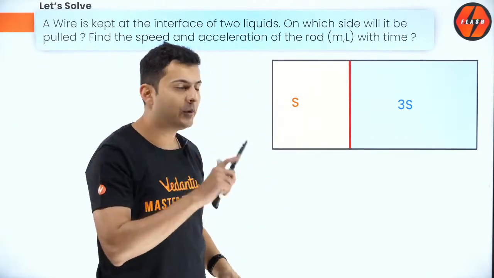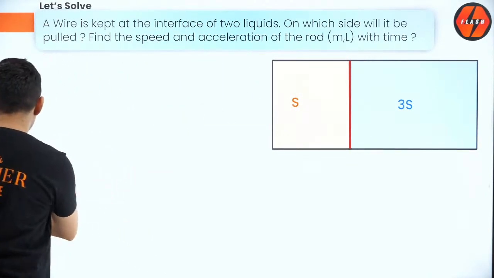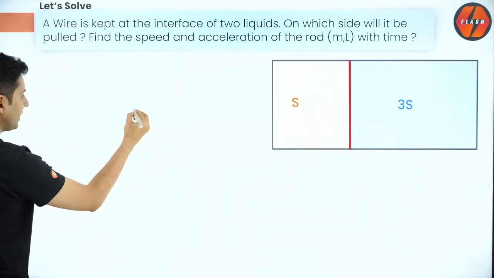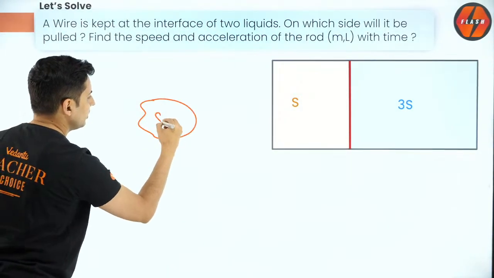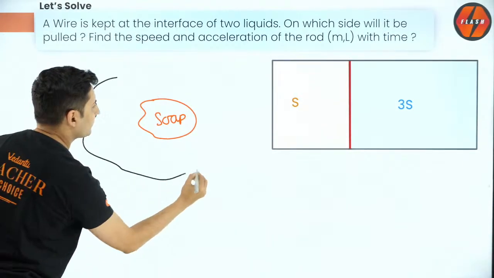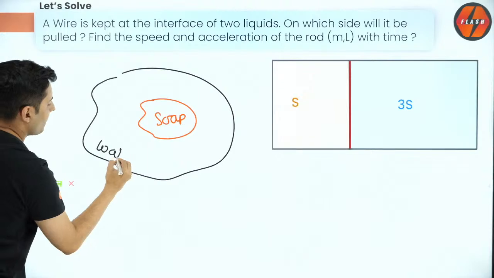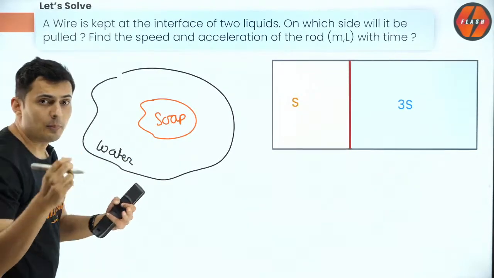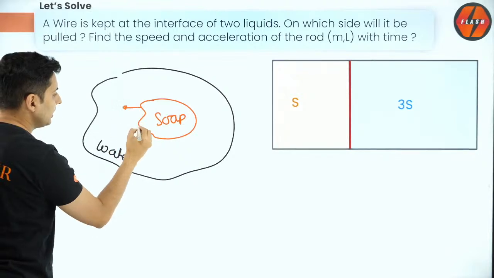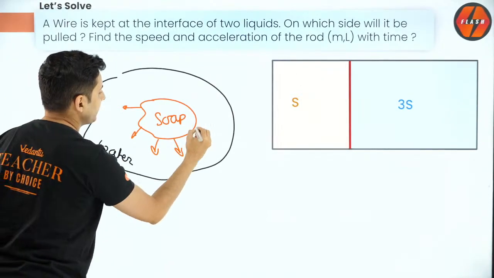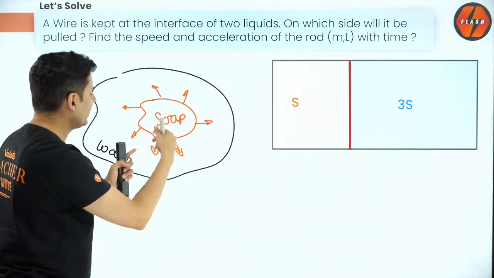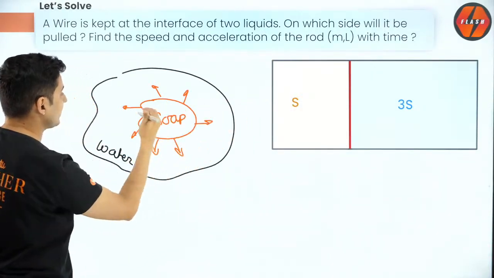Excellent. Now, this is what exactly happens when you pour, let's say this is soap, and let's say here there is water. When you pour soap over water, what happens is soap gets pulled from everywhere. Even water gets pulled, but soap actually expands.